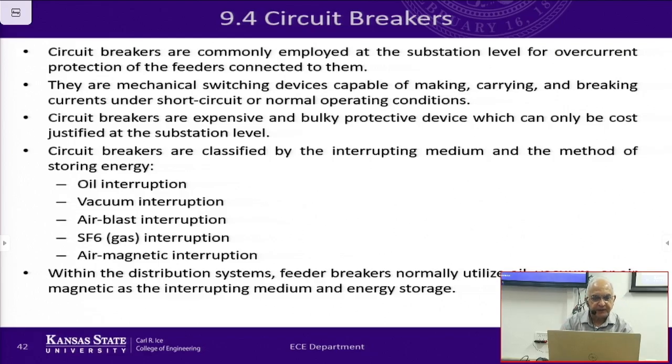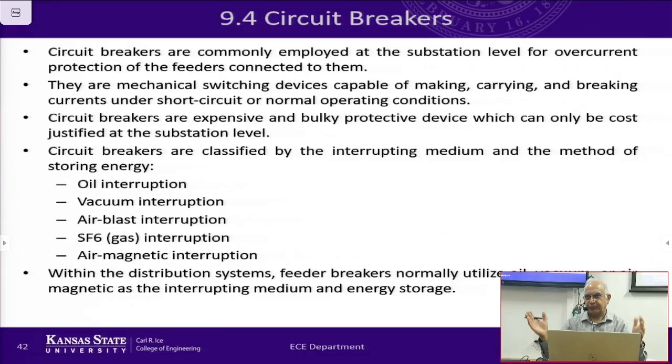Of course, circuit breakers are the most important part of distribution system protection or any power system protection, but they are used only at the substation because they are very big and they have very high interrupting capacity.